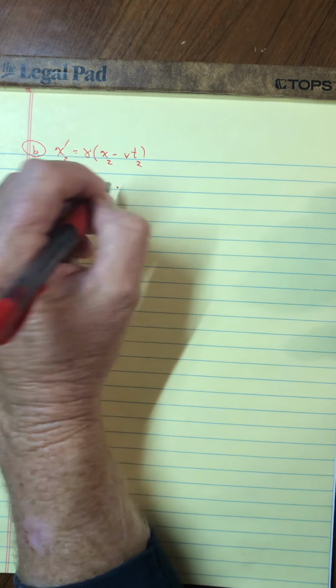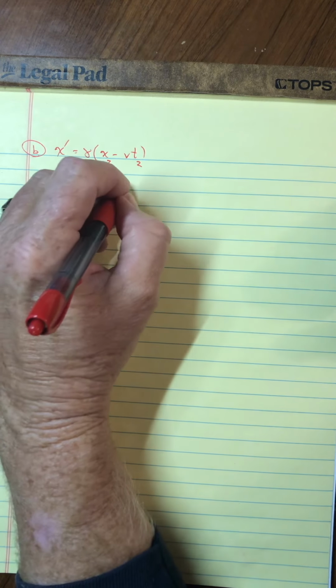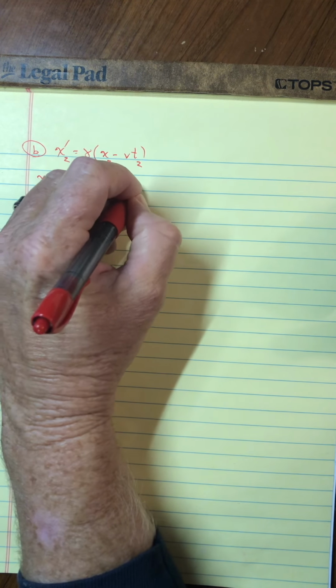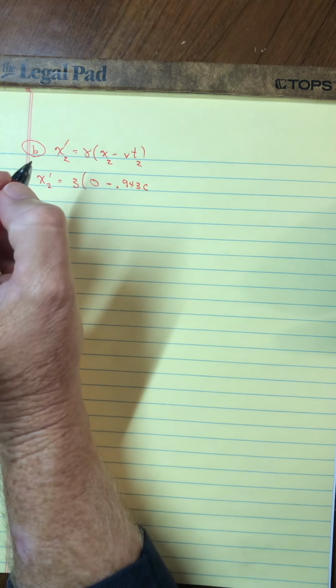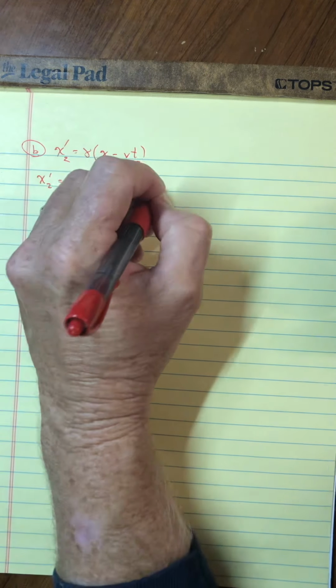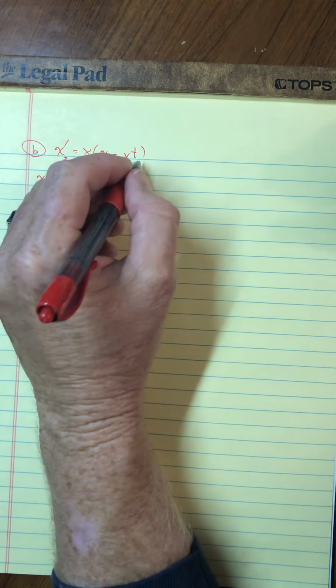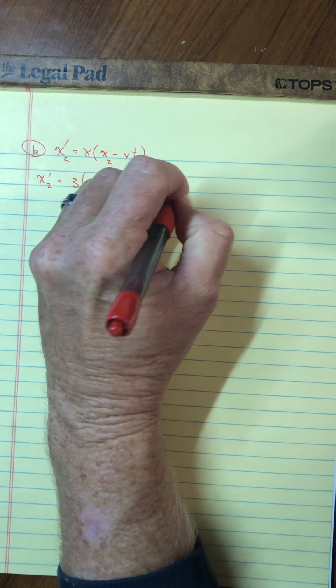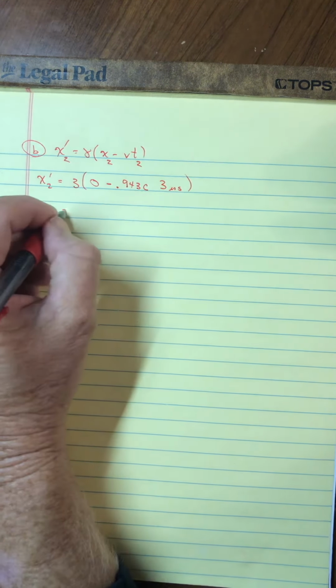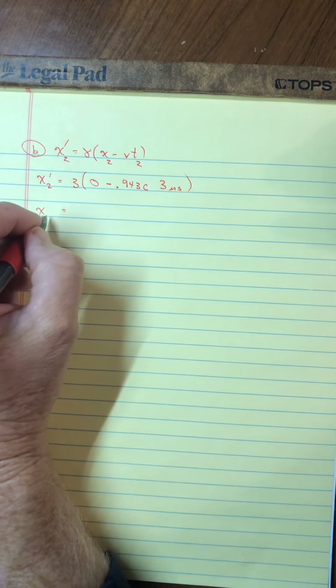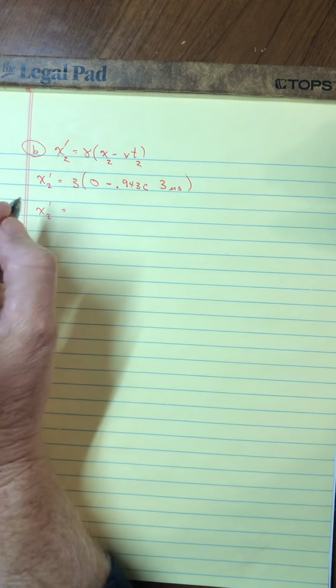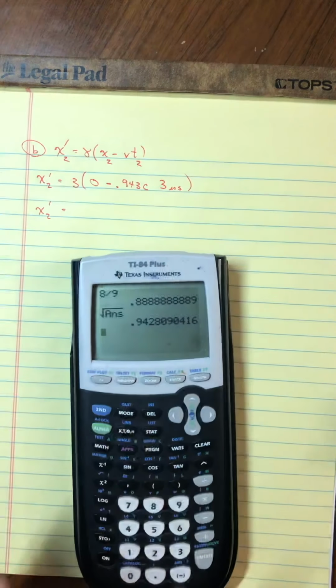We've got a speed of 0.943c. And then we've got this time number 2, which is the 3 microseconds. So where is the position of the next flash?